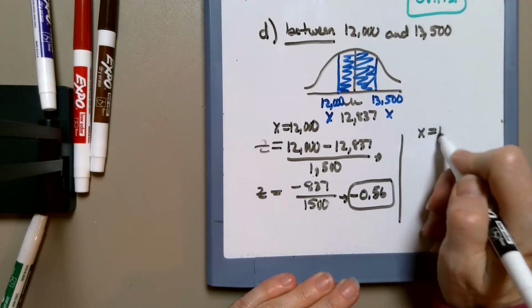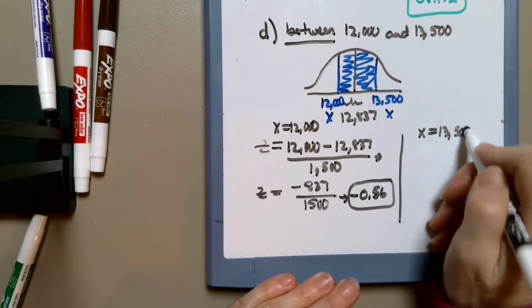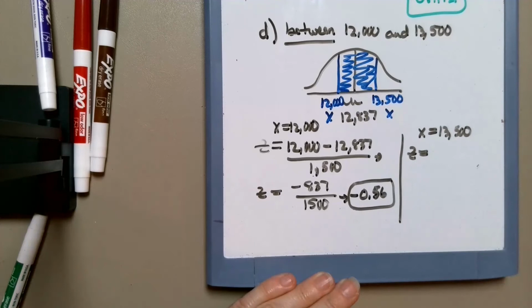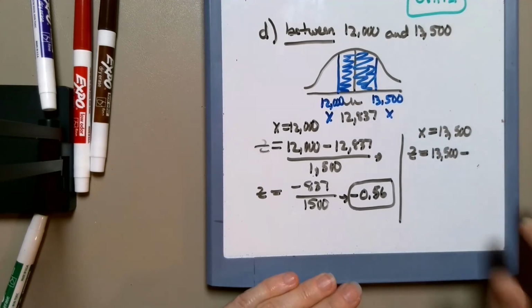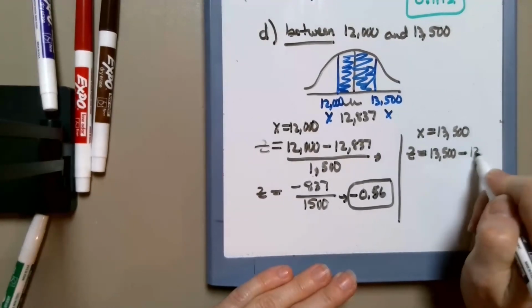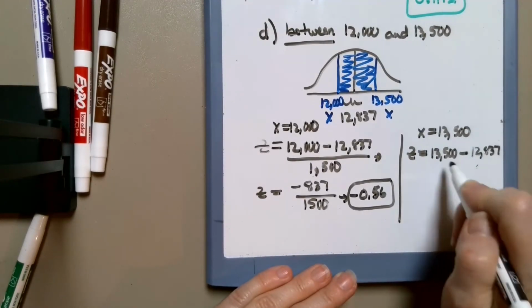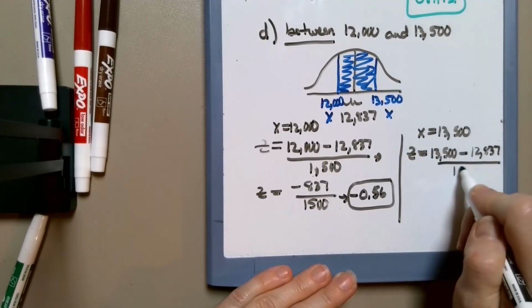So x is 13,500, converted to a z-score that we expect to be positive. So x, 13,500, minus mu, 12,837, over sigma, 1,500.